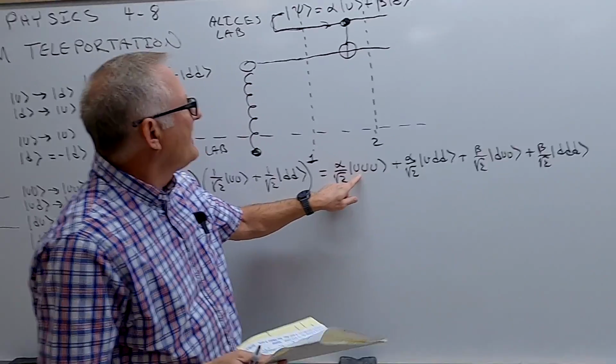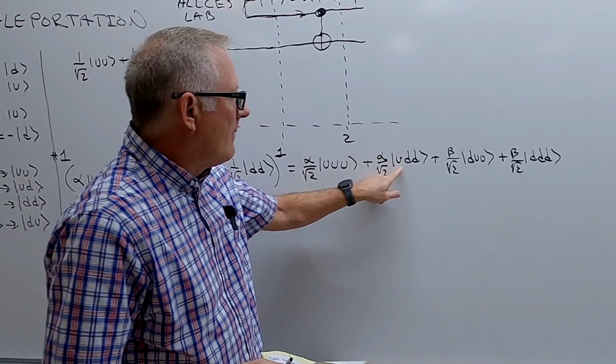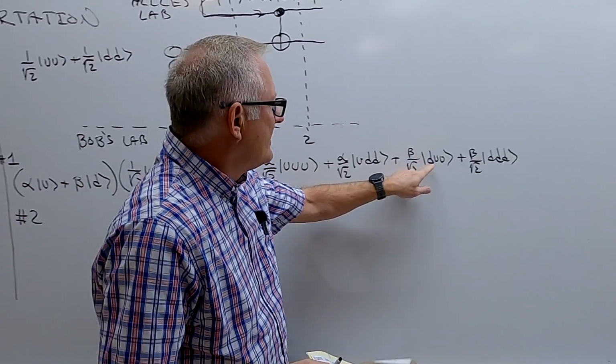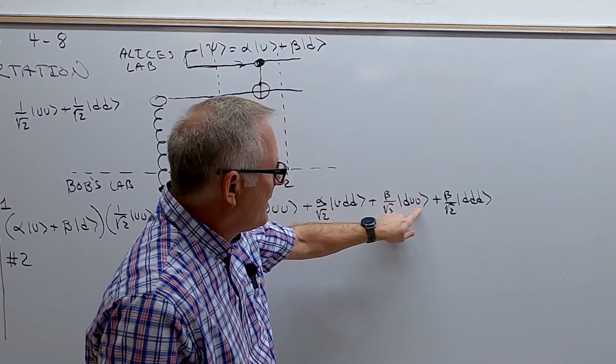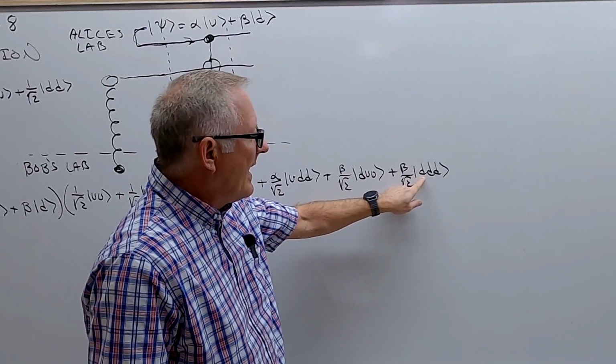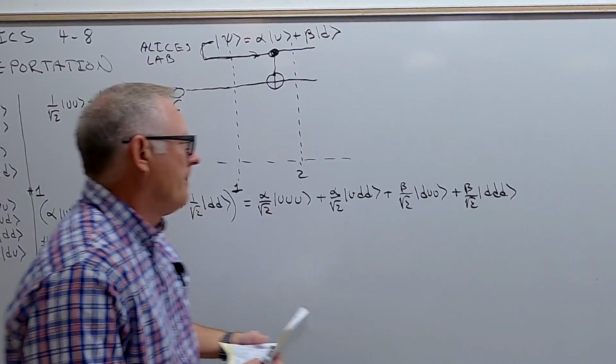Since the first bit is an up, we're not going to touch the second bit. Since this is an up, we're not going to touch that bit. Since this is a down, we're going to flip that, so it's going to become down, down, up. And since this is a down, we're going to flip the second one, so it's down, up, down.